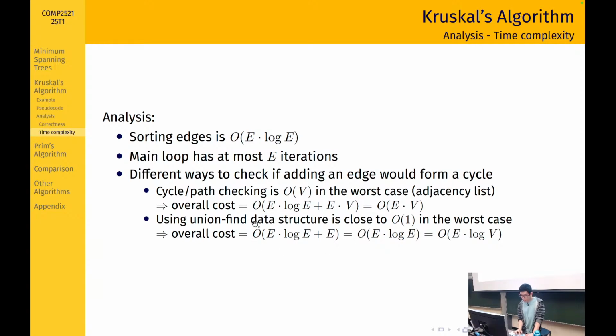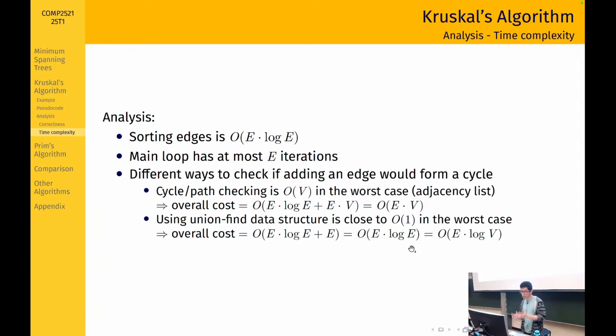So the overall cost of Kruskal's algorithm ends up being E log E for the sorting plus E, since you're doing this O(1) check E times at most.